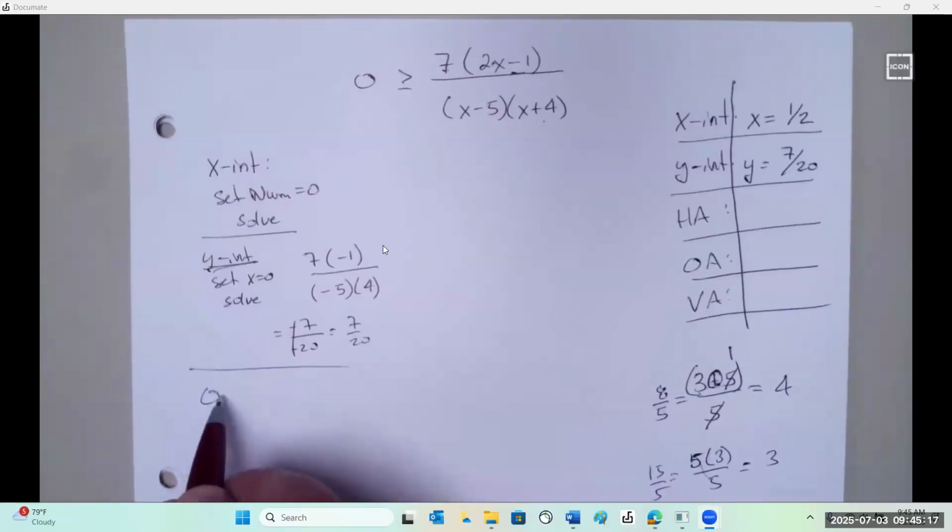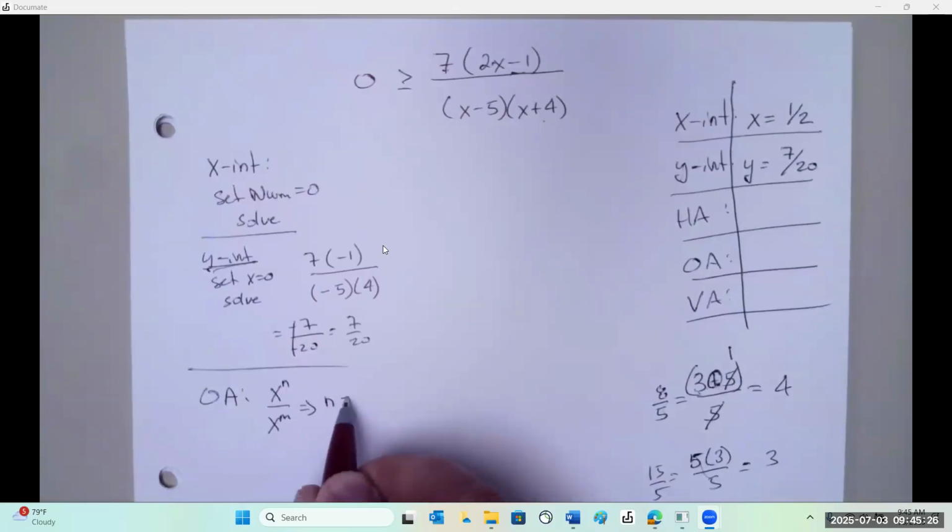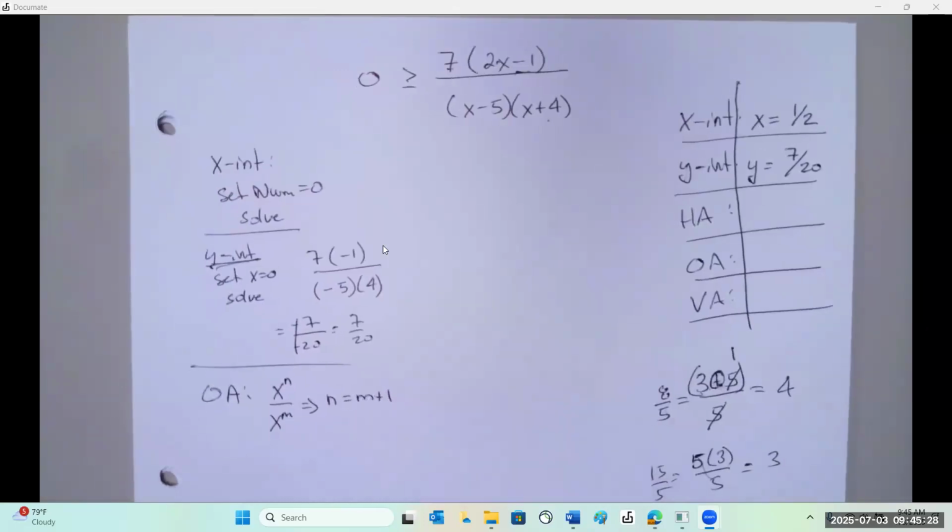Oblique asymptotes only exist if that's true.